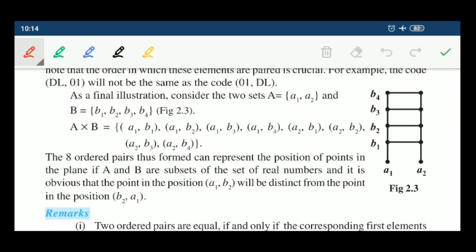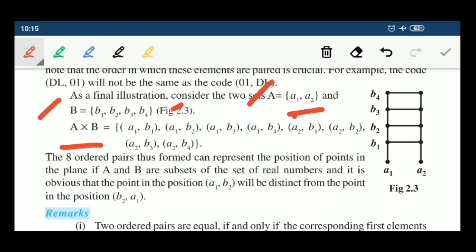Now I am going to give one more example of a Cartesian product. You can see here the set A and the set B. The set A has elements A1 and A2, and set B has B1, B2, B3 and B4. What is the Cartesian product of A and B?